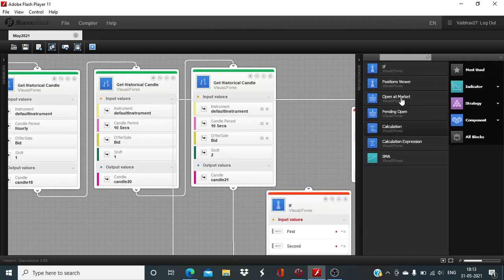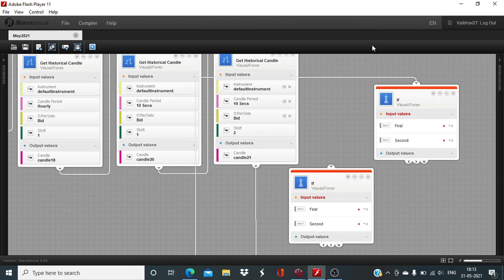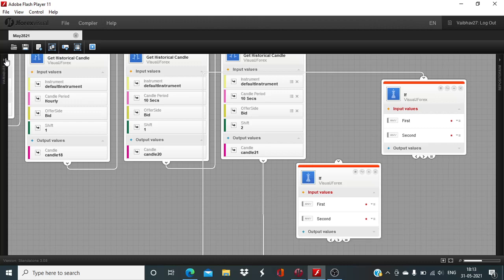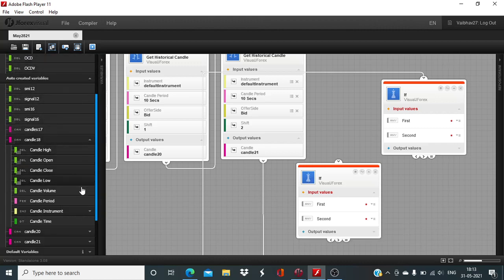We are going to need two of these zip blocks, and one of the inputs will be the same. That will be candle 18's closing value.